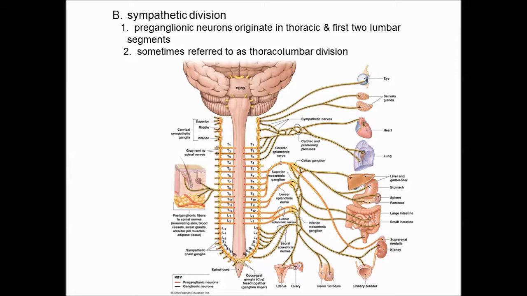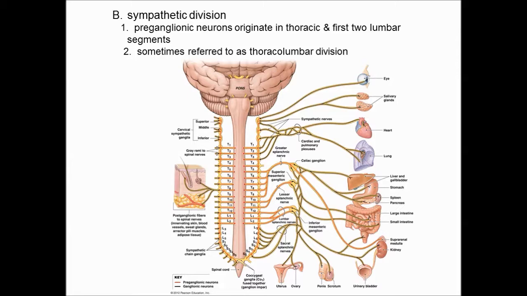But almost all, as far as I know, all the visceral and pelvic parasympathetic innervation, the preganglionic goes right to the organ, and then right on the surface of the organ synapses with the postganglionic. So the postganglionic fibers are very, very short. So very long myelinated preganglionic, very short postganglionic.